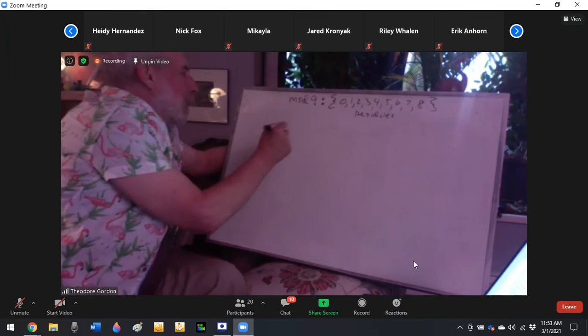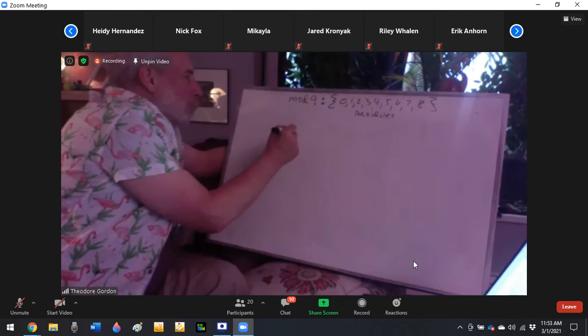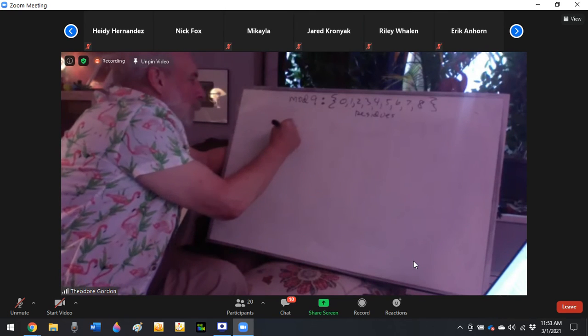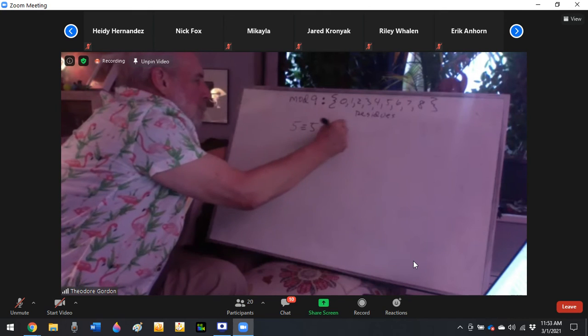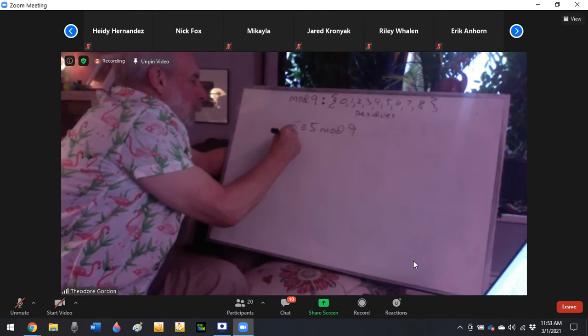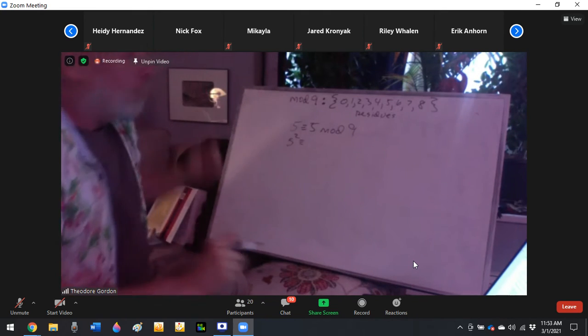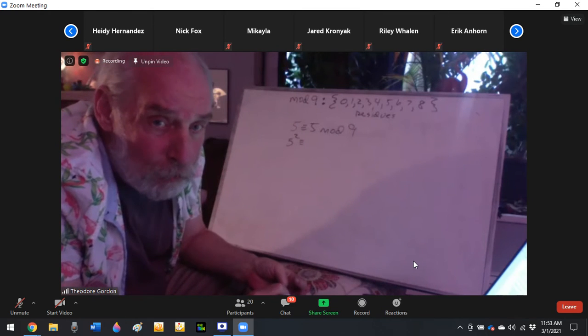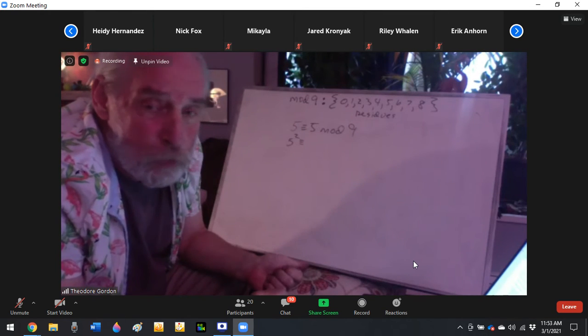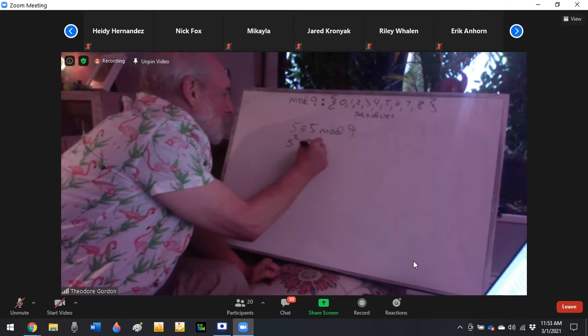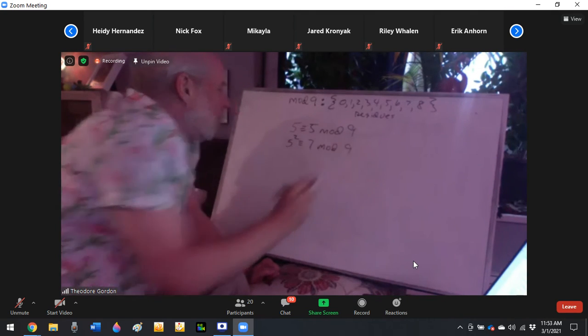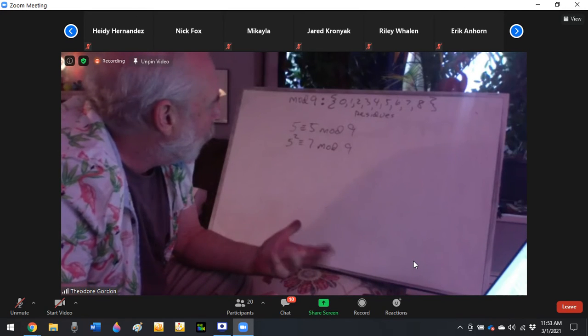So if we keep taking this, let's take 5. So 5 is congruent to 5 mod 9. 5 squared is 25. So 9 goes into 25 2 times and leaves me with 7. 9 goes, so 18, so that's 7.